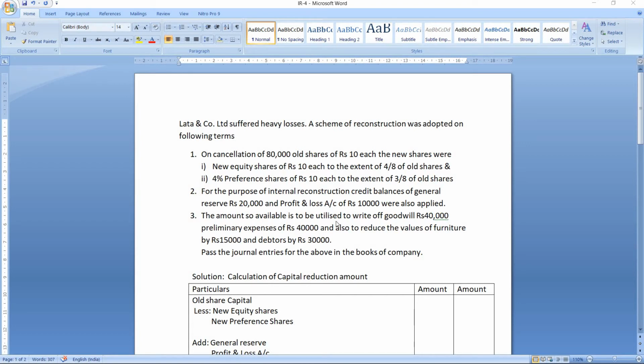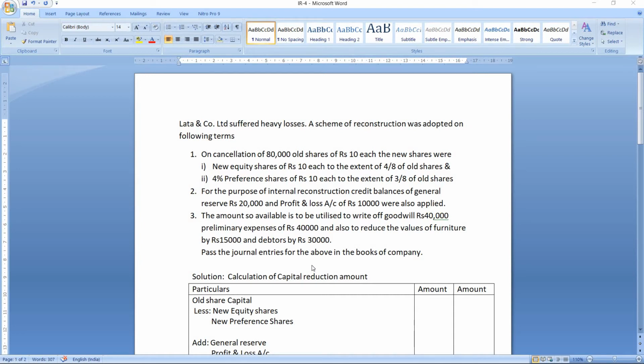The amount so available is to be utilized to write off goodwill rupees 40,000, preliminary expenses rupees 40,000, and also to reduce the value of furniture by 15,000 and debtors by 30,000. So whatever amount of capital reduction you get, that you have to utilize to write off goodwill, preliminary expenses, furniture and debtors. Okay. So let us start our calculation.